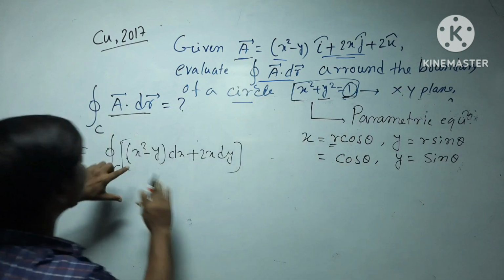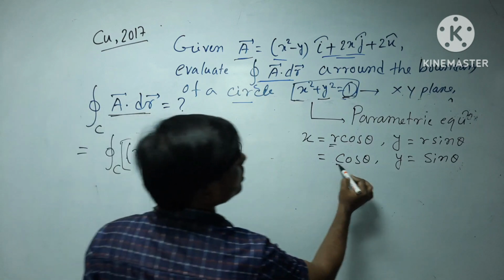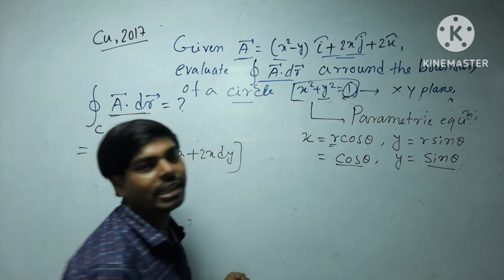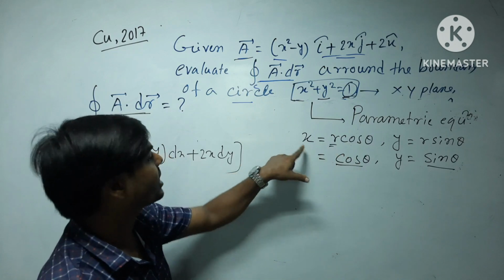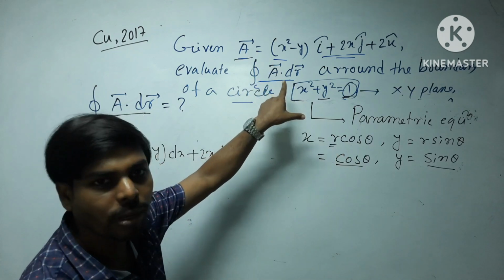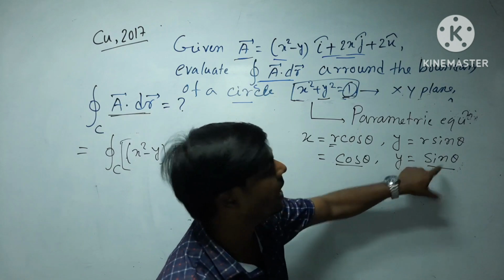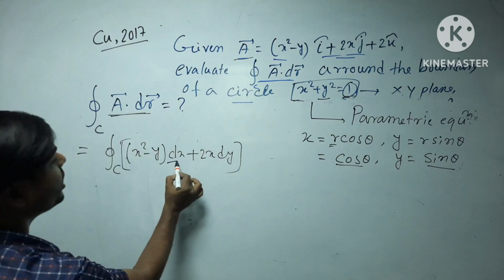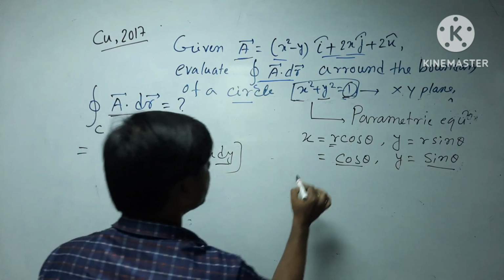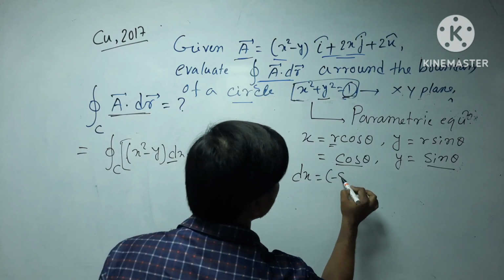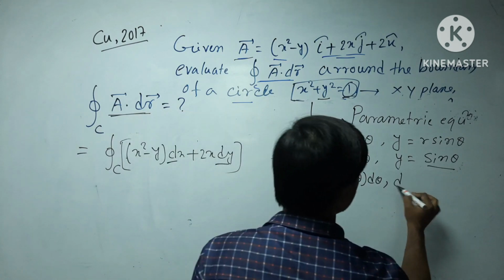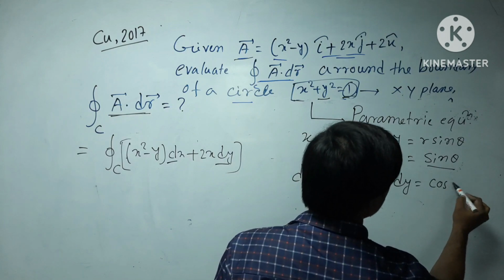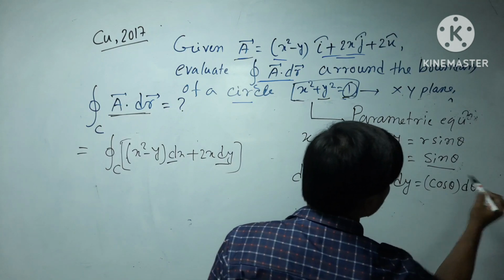So whenever there is x and y, just use cos theta for x and sin theta for y. যেখানেই তোমার x বা y থাকবে, x এর জায়গায় cos theta ইউজ করো for this problem, and y এর জায়গায় sin theta ইউজ করো. So what about this dx and dy? তাহলে করে ফেলো। So dx হয়ে যাবে এখানে minus sin theta d theta, and dy is equal to cos theta d theta, right?